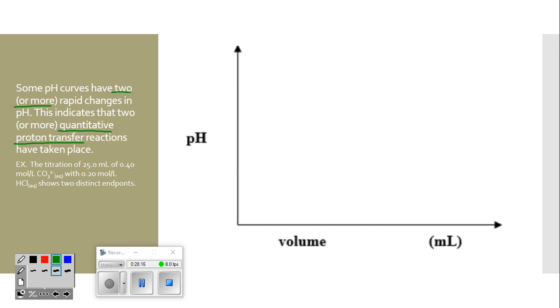So if we consider the first example, we're titrating carbonate ions with HCl. That's exactly what we did in our lab. So this is hopefully what your pH curve looks like. We start with a pretty high pH. Then it decreases. Then it decreases again.